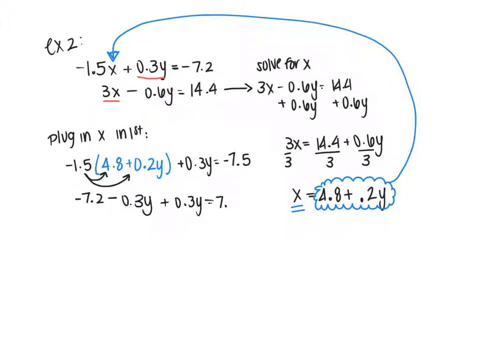Now, the way substitution works is I will have one variable. So that's why I can do all of this solving in this step right here because I only have one variable. I just have y's now. So now I'm going to combine my like terms.